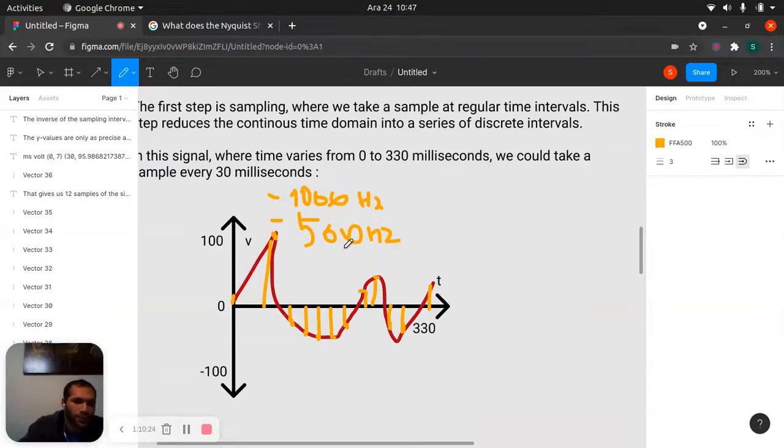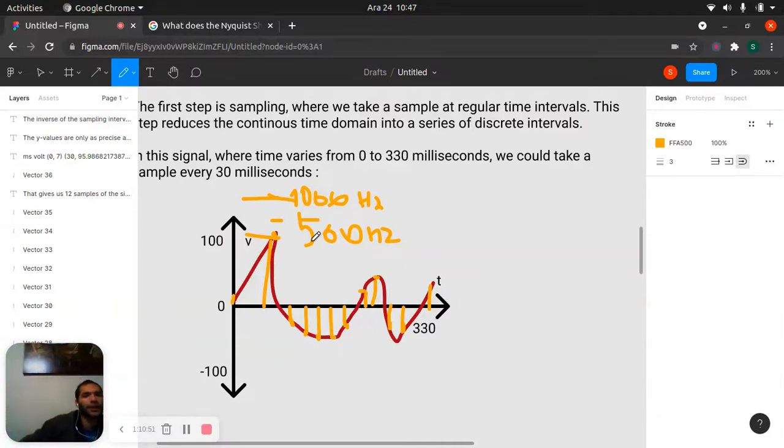I told you, if our frequency is this point, then our sampling rate is double, so 500 gives 1000. If it is 200, it will be 400. If our frequency is 300, our sampling rate will be 600.